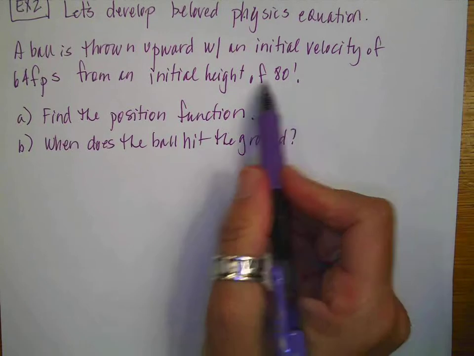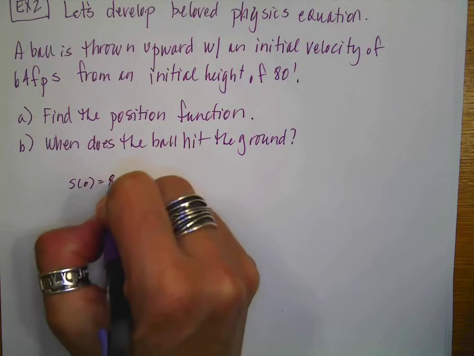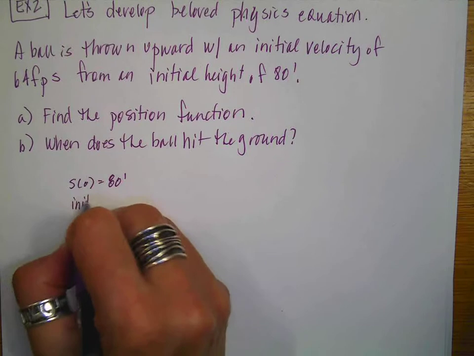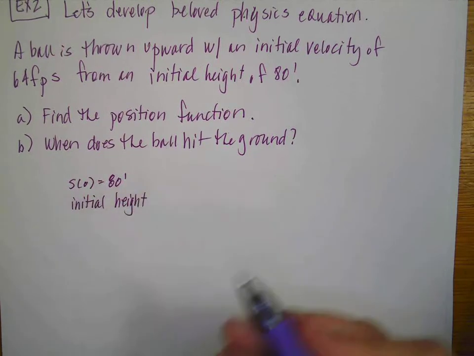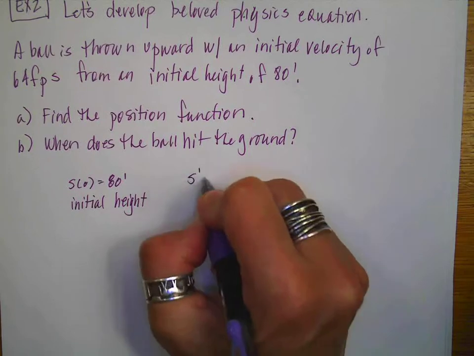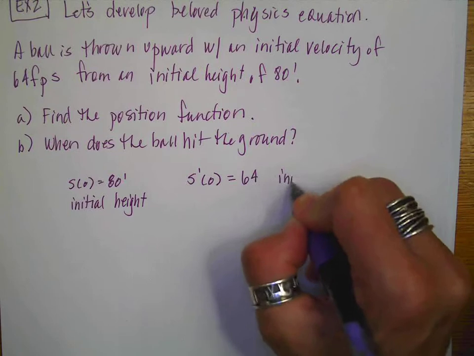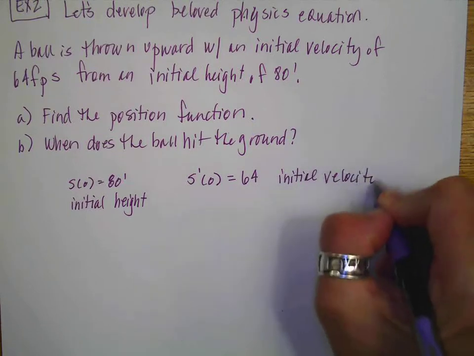Alrighty, so if we write down what we know, the initial height, so s of 0, is equal to 80 feet. And so this is our initial height. We know that s prime of 0 is going to equal 64, and that is the initial velocity.